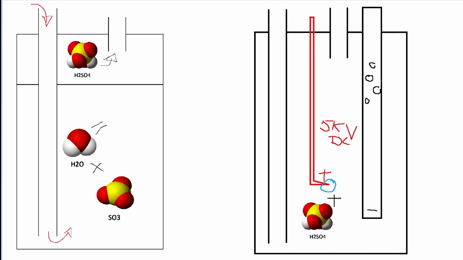And then these droplets are going to be condensed down, and then they will drip down and be collected as sulfuric acid at the bottom of the jar.